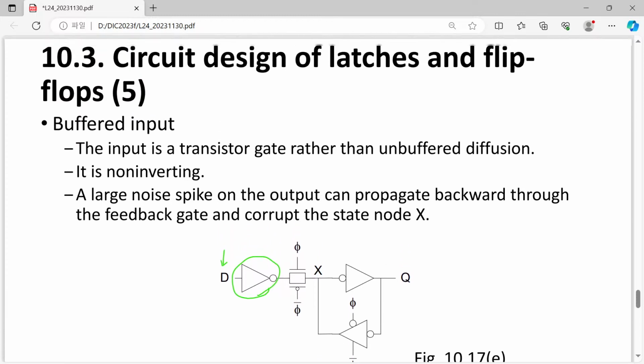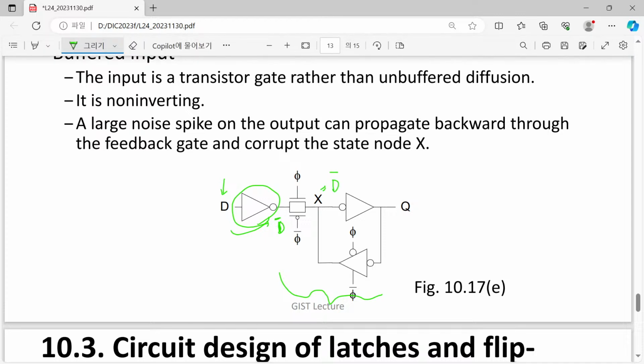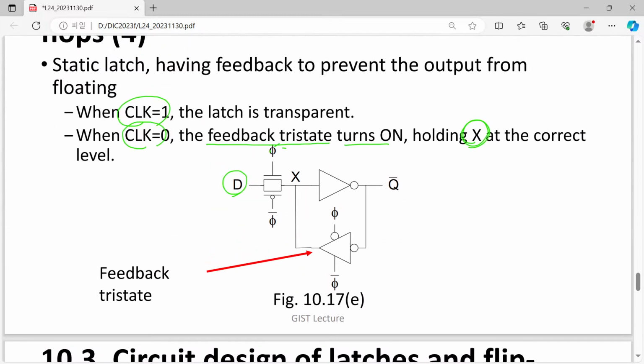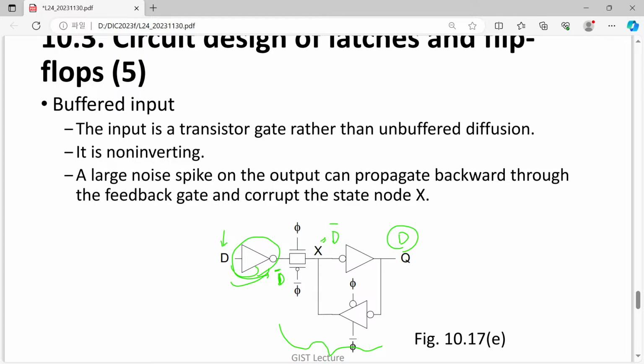Also when we introduce this one, since now we have D bar as an internal signal, D bar is copied to X, and here we have another inverter, so the output Q becomes just D. So please note that in the previous one, although we have a holding property, the output is not exactly D, but D bar is used as Q. So this is solved by adding this additional inverter.